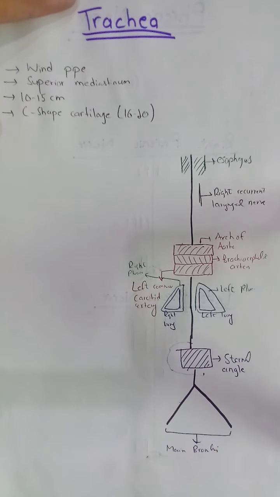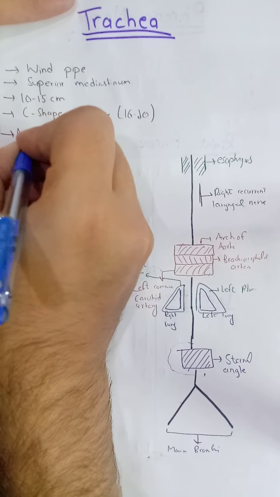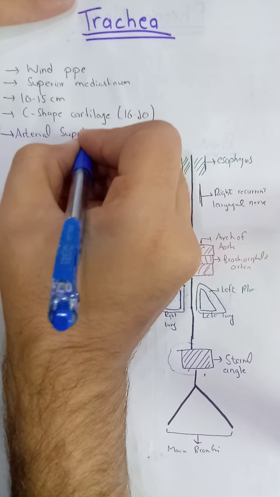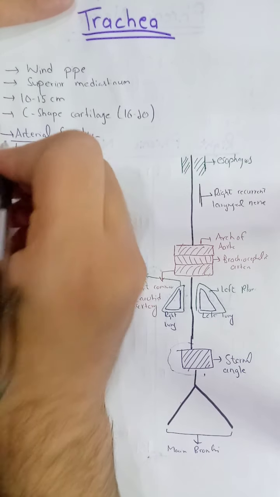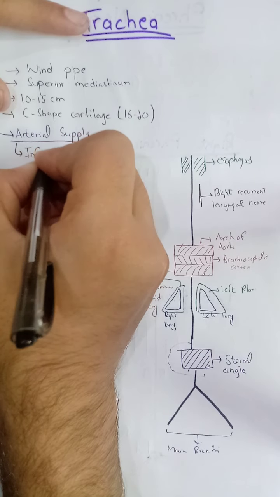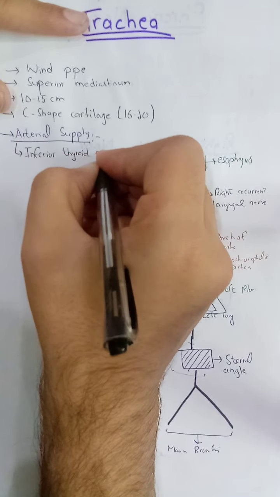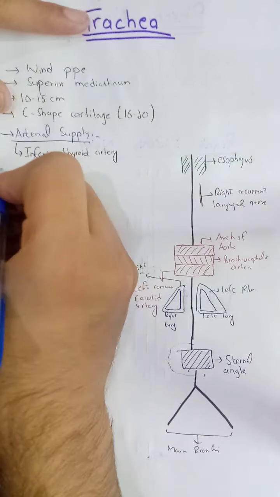Now we will see the arterial supply of the trachea. The arterial supply to the trachea is through the inferior thyroid arteries. Now we will see the venous drainage.